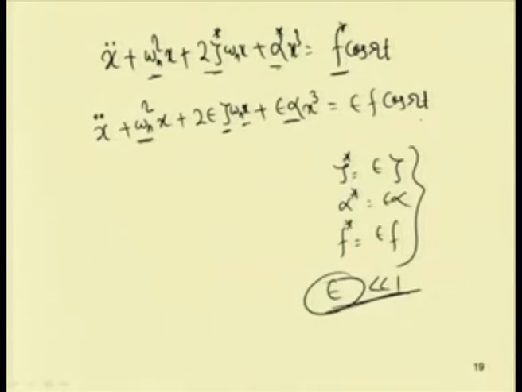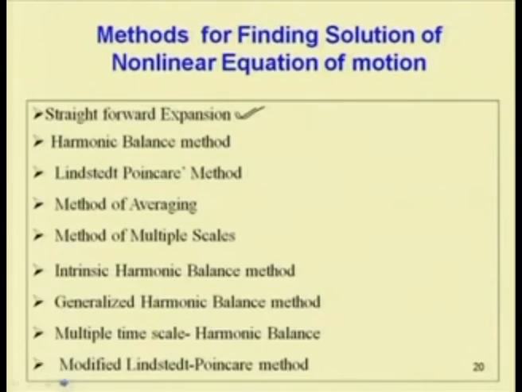to study it quantitatively, one can expand this x in the form of a Fourier series. If one expands x in terms of a Fourier series, that method is known as the harmonic balance method.